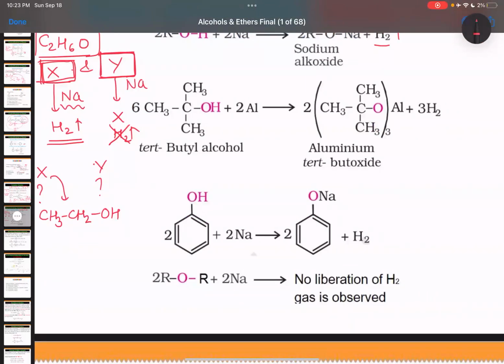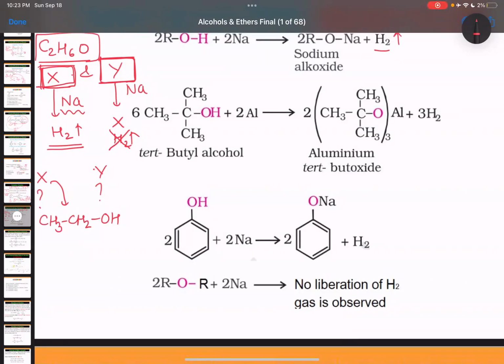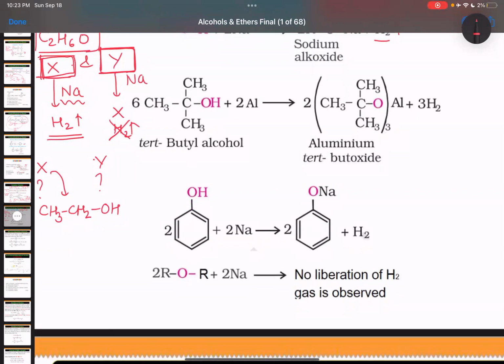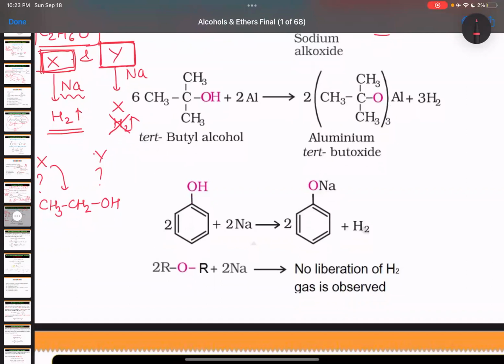So X is ethanol, and Y? What is Y? Definitely Y is not ethanol because it's not liberating H2 gas.